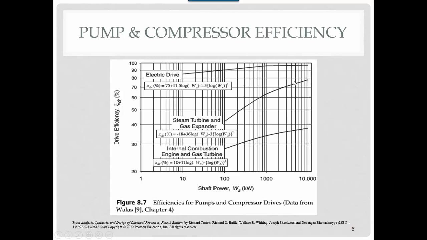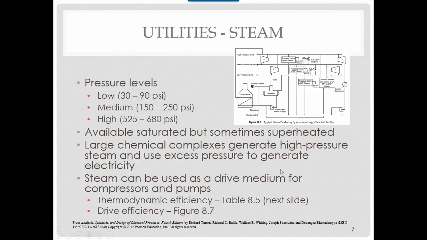But if you have a steam engine or a combustion engine, the efficiencies will go down. And so you'll need to make the appropriate decision based on what your shaft power is and what type of drive to come up with an efficiency. And a graph such as this gives you a good estimate that you can use in your calculations.